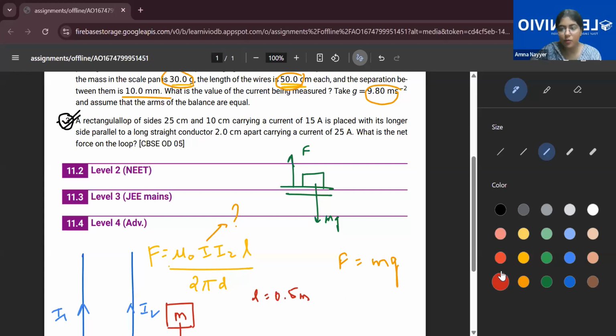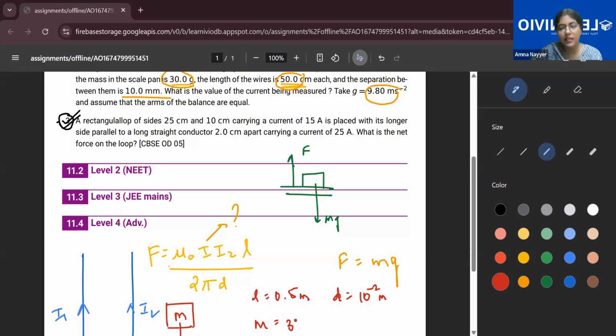Currents are same, so this formula will become, I'll tell you this. D is given as 10 millimeter, so 10 to the power minus 2 meter. Here L and D were only required. Mu naught, you already know it's 4 pi 10 to the power minus 7.